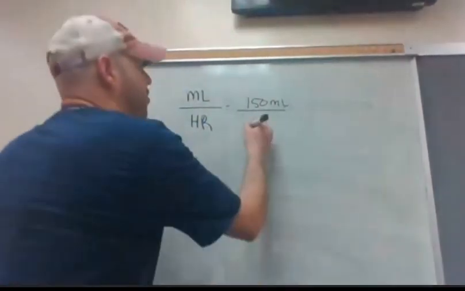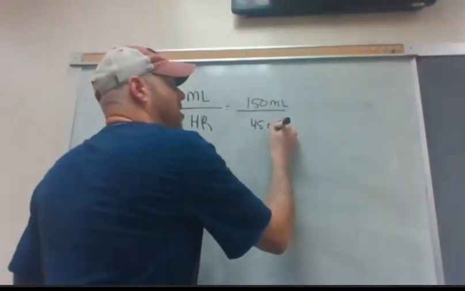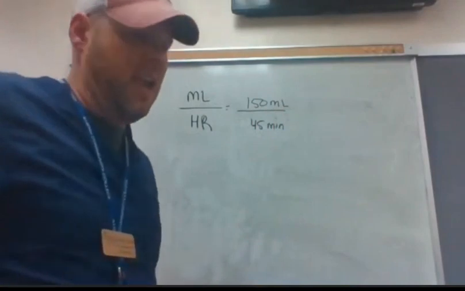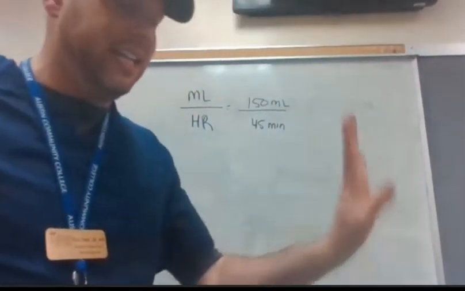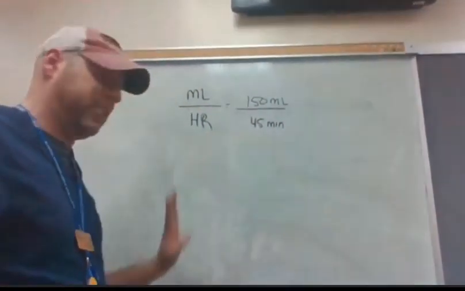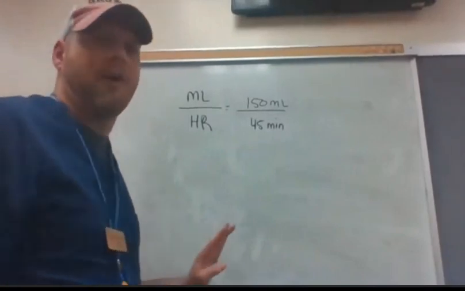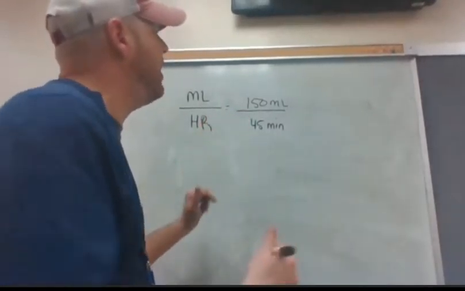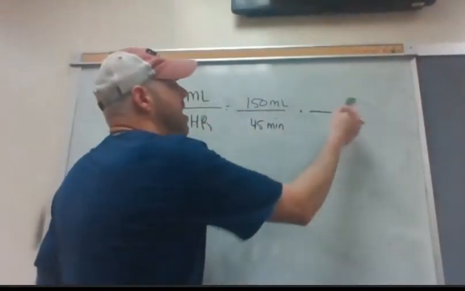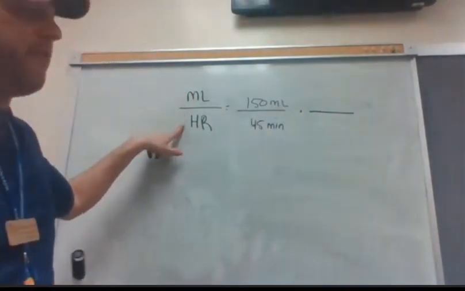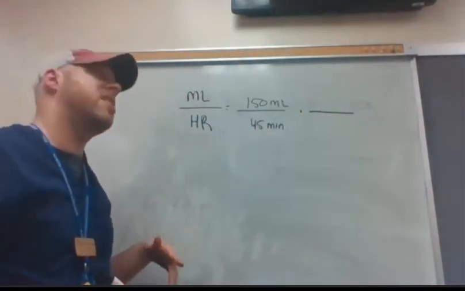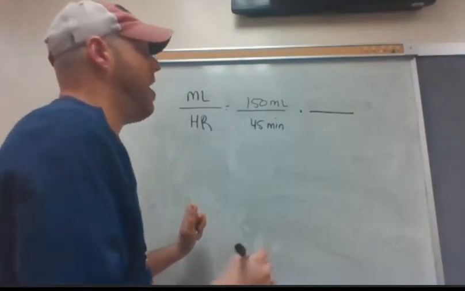Now, what else is in that problem? To be infused over 45 minutes. Time always goes on the bottom. And lucky for us, they didn't include the tubing, and we don't use tubing anyway for milliliters per hour. So I have all the information I need. But you can see it's milliliters over minute. Can I do that? No, it wants milliliters per hour.